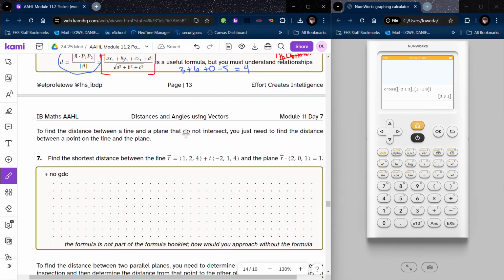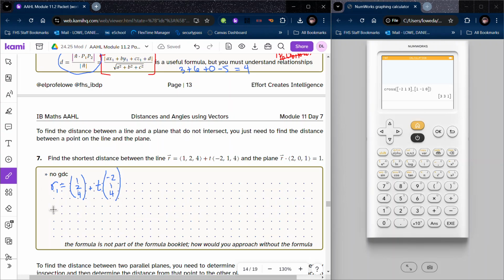To find the distance between a line and a plane that do not intersect, you just need to find the distance between a point on the line and the plane. So find the shortest distance between this line and this plane. Well, let's get our equations. Our line is given by 1, 2, 4 for the coordinates of the point on the line, plus my parameter t times -2, 1, 4, the directionality of the line.